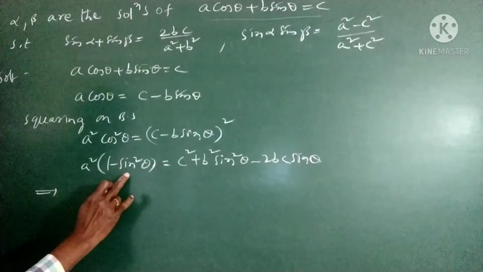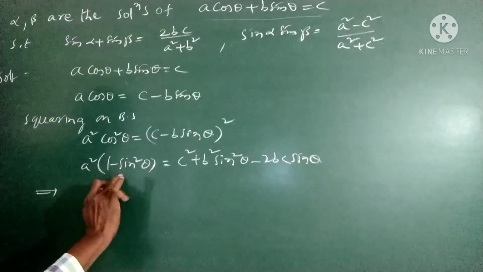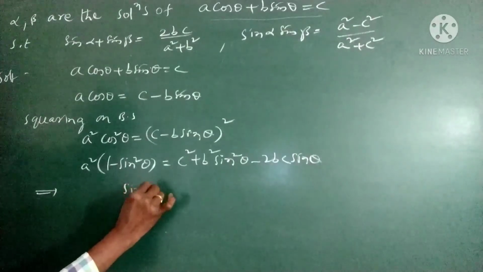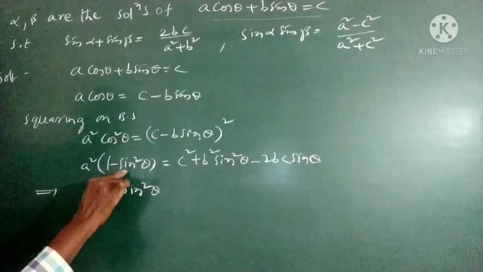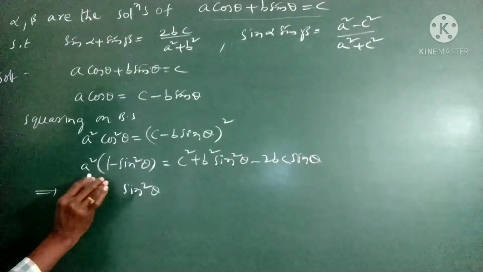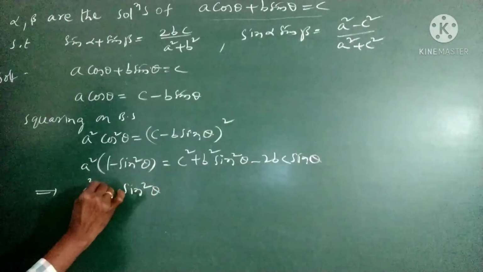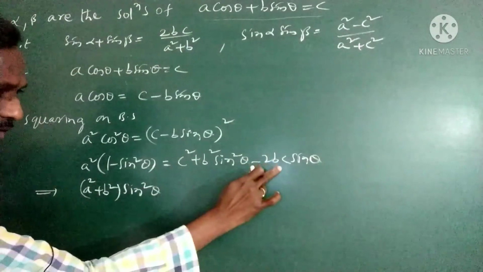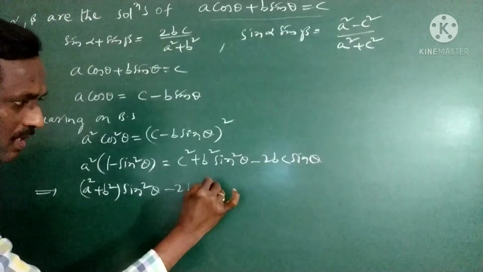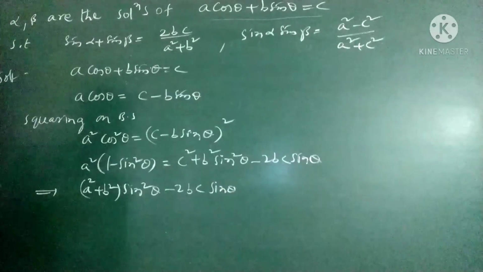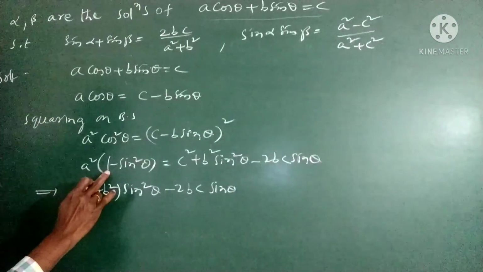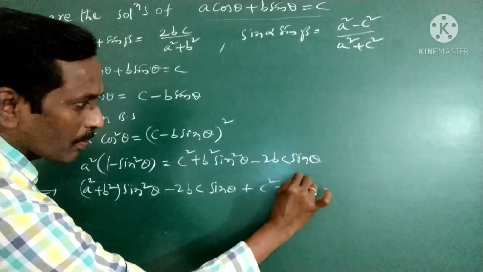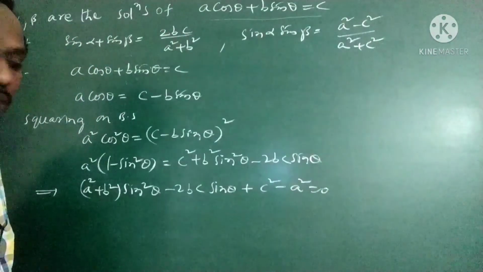Here we have a square sine square and b square sine square. Taking sine square theta common, we get (a square plus b square) sine square theta, then minus 2bc sine theta, and the constant: c square minus a square, which equals 0.